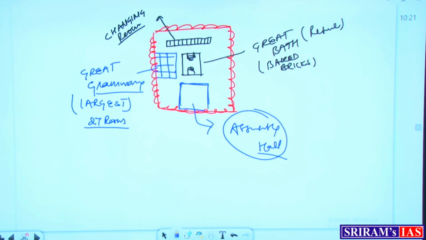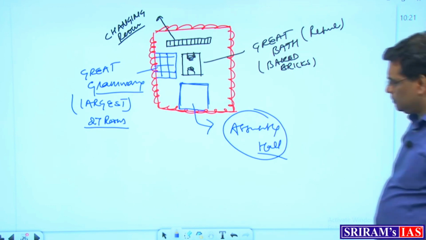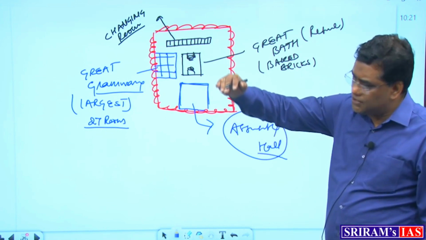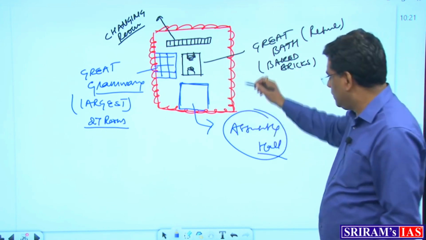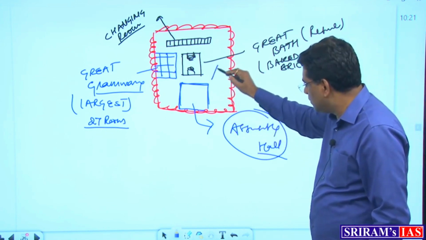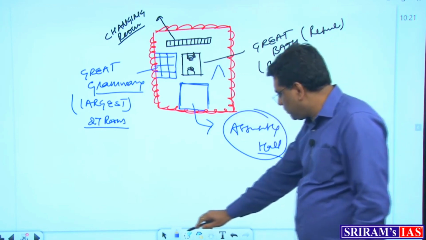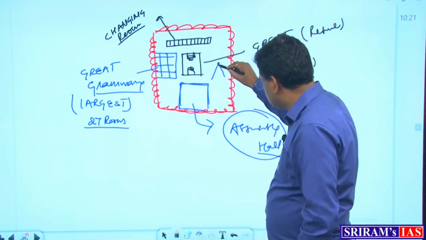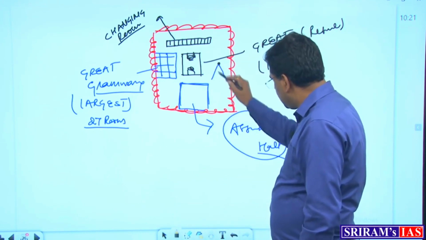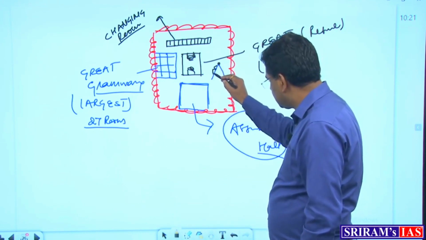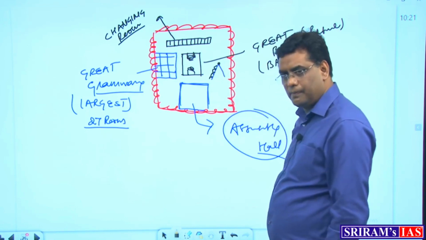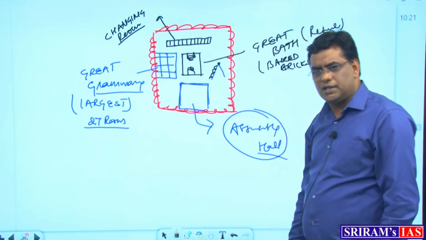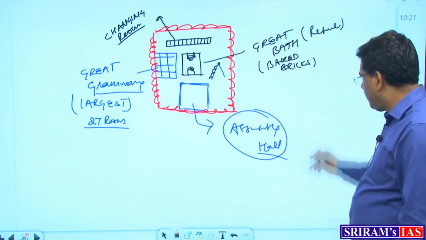In Mohenjo-daro, there is a raised mound. On the top of the mound, a stone was placed, and there are stairs to climb the mound. This is a very unique thing.